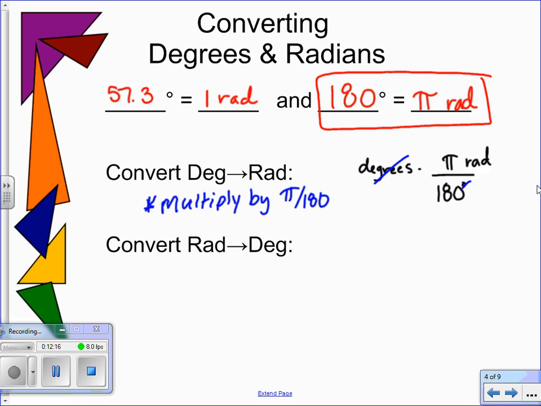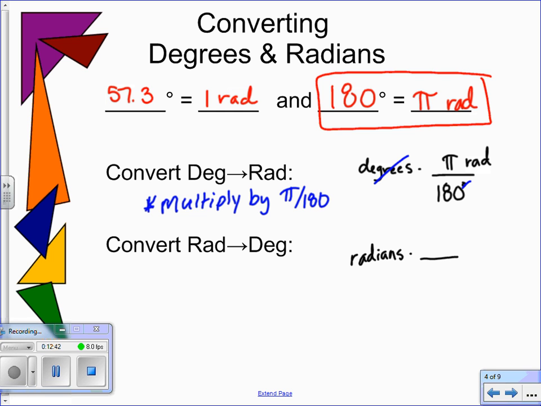If you want to go the other way, if you want to go from radians to degrees, what will you multiply by? So now you want the radians to cancel. Where should radians be in your conversion factor?